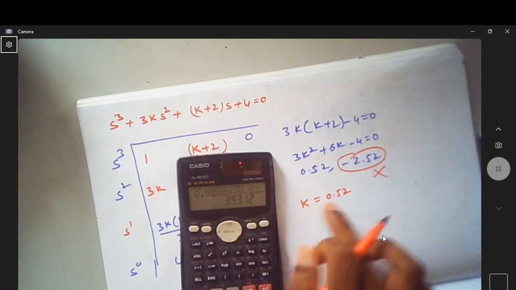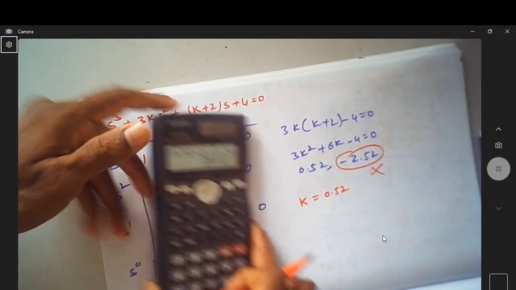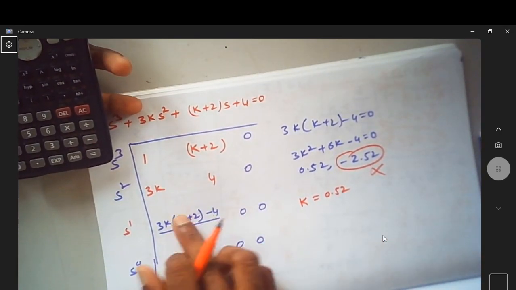Of course this will be 4 if you consider the higher decimal points. So then this will become 0.